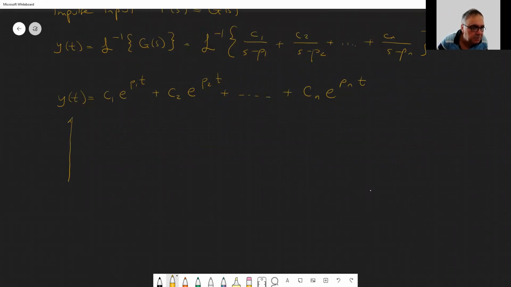What is this e^(pt)? It's an exponential. It is an exponential growth or an exponential decay, right? First of all, it depends on the value of p. If p is greater than 0, this is what you get.